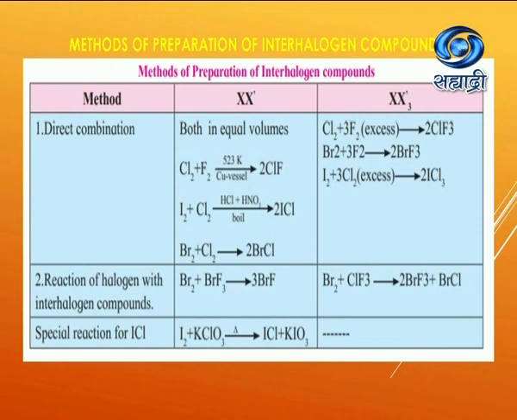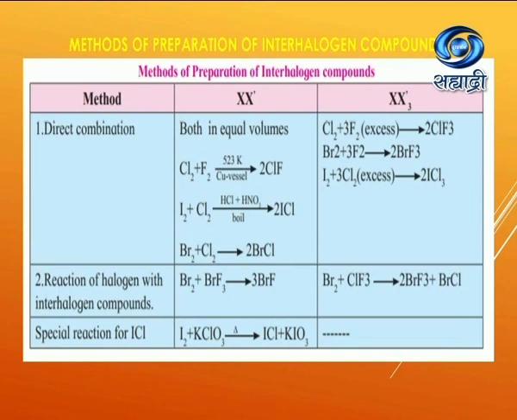The very first method is by direct combination. How to prepare XX', both in equal volumes. So chlorine in presence of fluorine, 523 Kelvin, copper vessel forms chlorine monofluoride. Similarly, iodine and chlorine in equal volumes in presence of HCl and HNO3 forms iodine monochloride.